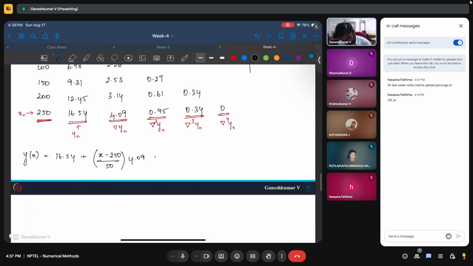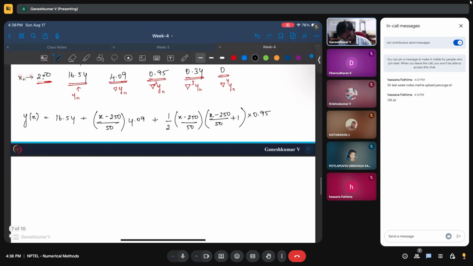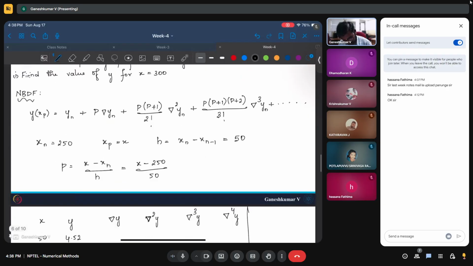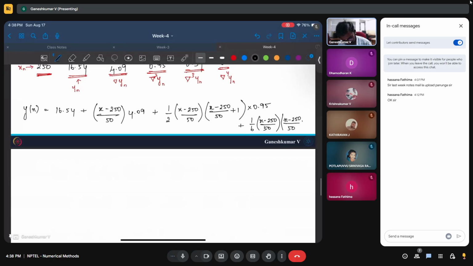And then p into p plus 1 divided by 2 factorial, where p is x minus 250 by 50 and x minus 250 by 50 plus 1, into 0.95. And then you have 1 by 6 p, plus 1, and x minus 250 by 50 plus 1.